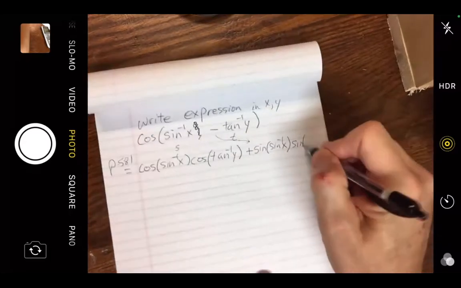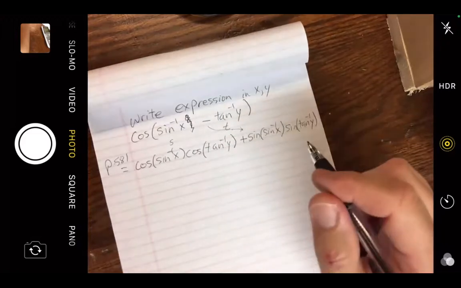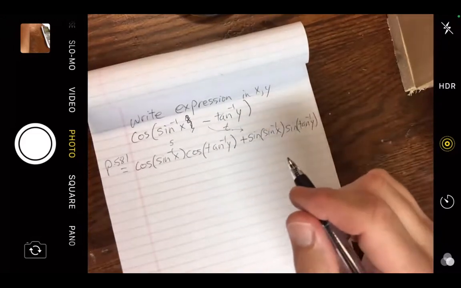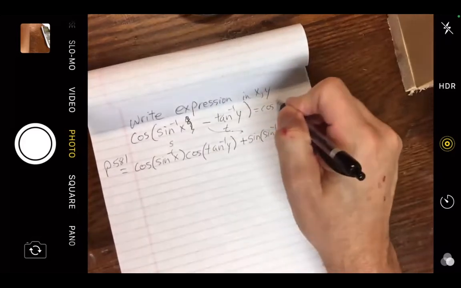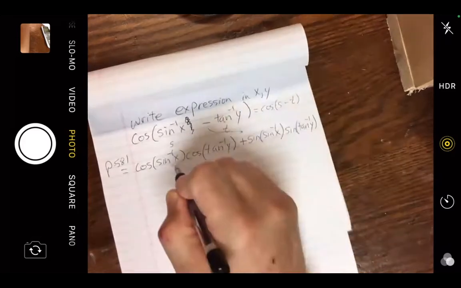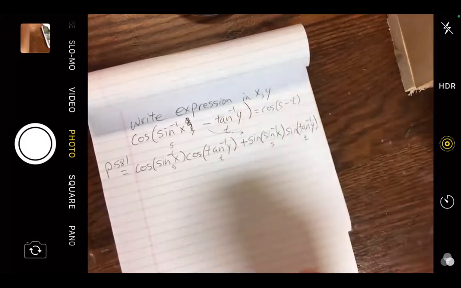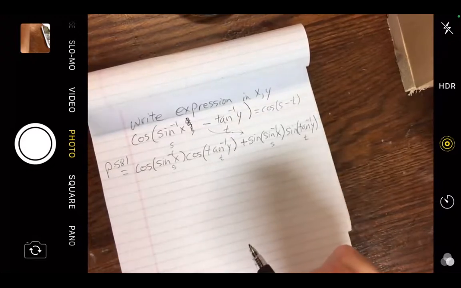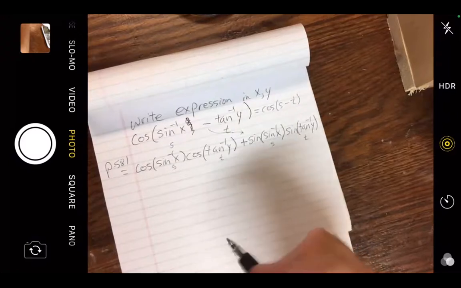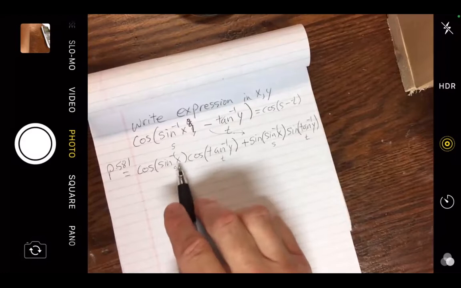Sine of arctangent Y. Okay, so that's pretty much straight plug and chug into a cosine of S minus T. Or again, this is S, this is T, this is S, this is T. Is that as clear as Lake Lanier? Yeah. You just got to remember, arc things are angles. So they're just treated like any other angle.